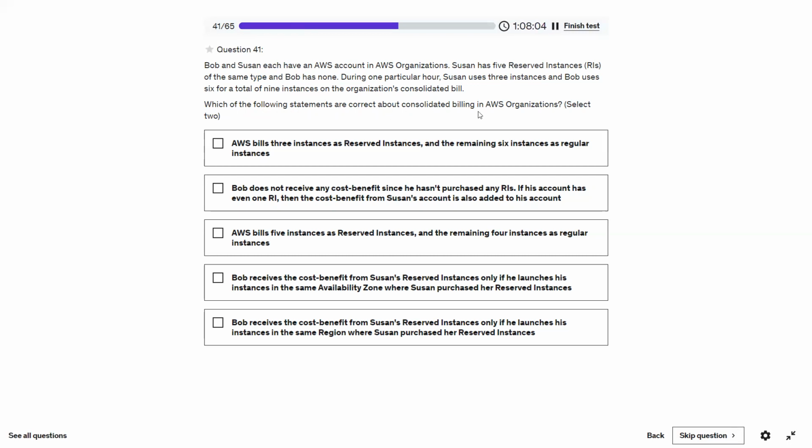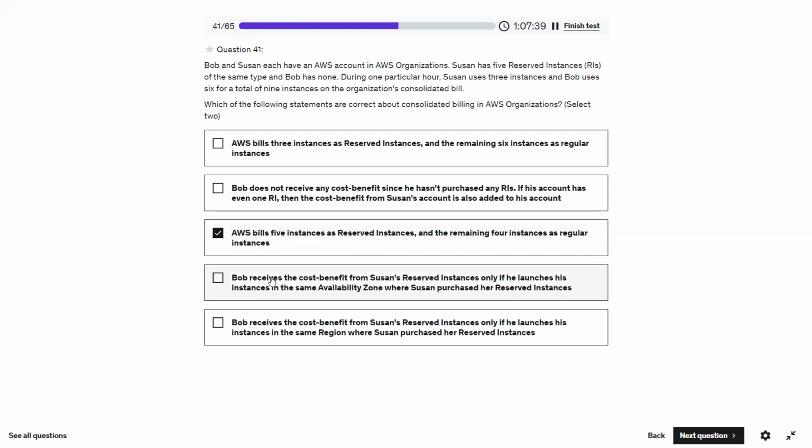Which of the following are correct about consolidated billing? AWS bills 3 instances as reserved instances. Totally wrong, there are 5. Bob does not receive a cost benefit. Totally wrong. Bob receives the cost benefit from the reserved instances because it is under the AWS organization. AWS bills 5 instances as reserved. Totally correct. And the remaining 4 instances are regular.